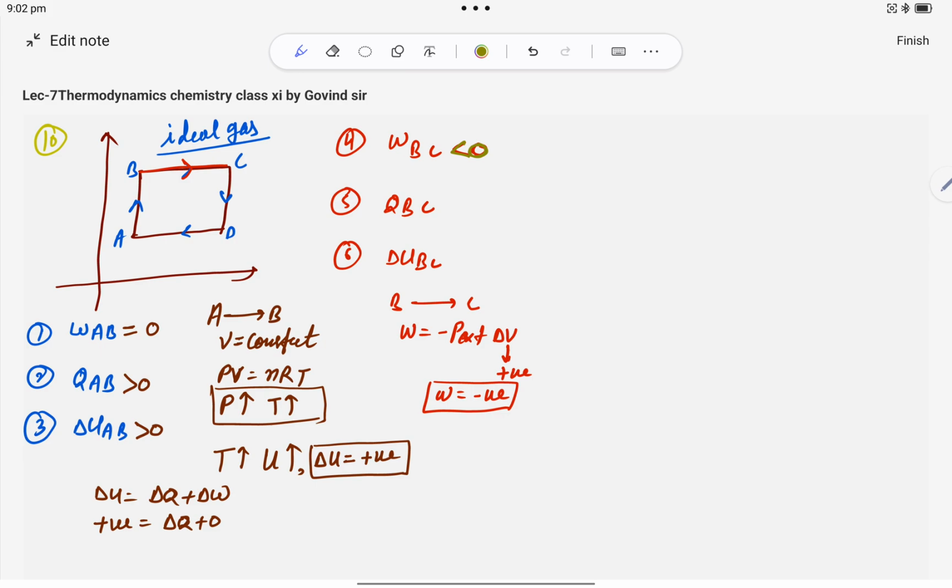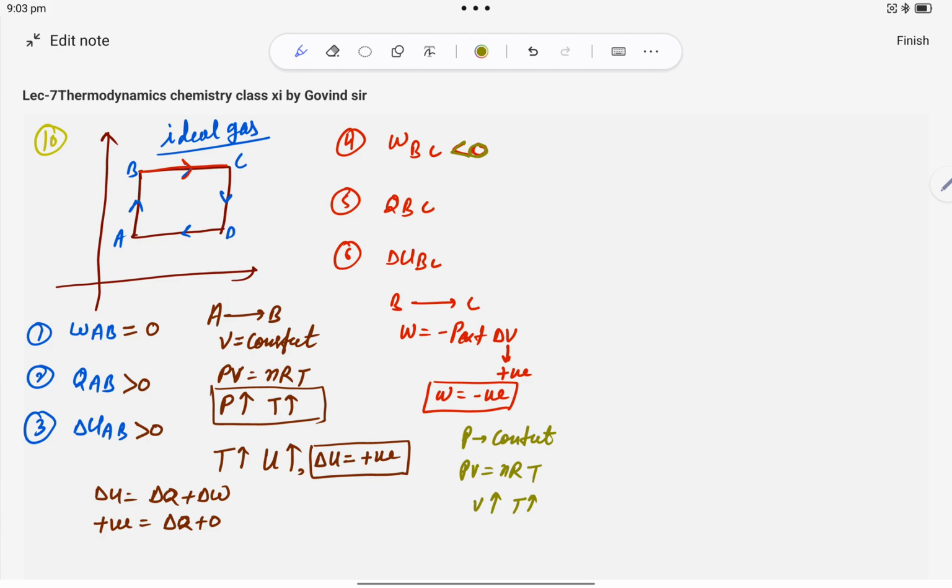Then QBC. B to C, what is constant? B to C pressure constant. Again, PV is equal to nRT. Then temperature depends upon volume.